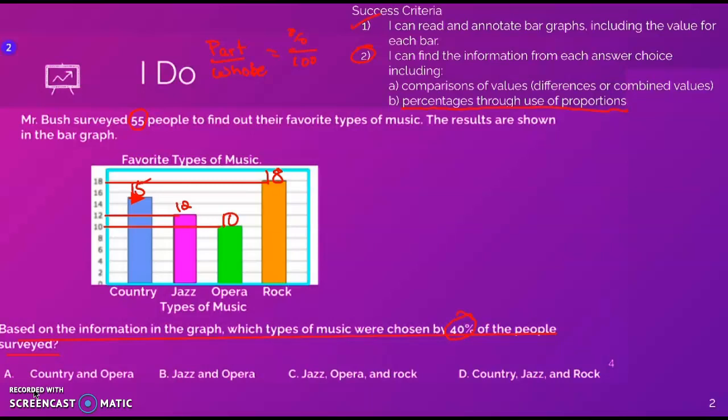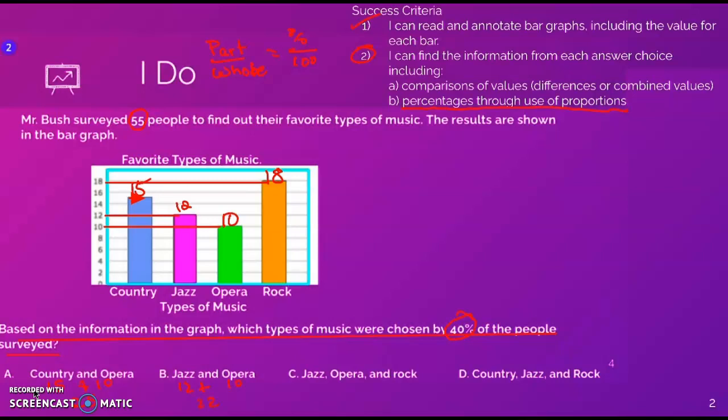So now that I've solved for the value of each bar, I'm going to come down here and add them up. The first answer choice is country, which is 15, plus opera, which is 10, for a total of 25. Second, B, is jazz, 12, plus opera, 10, which is a total of 22.